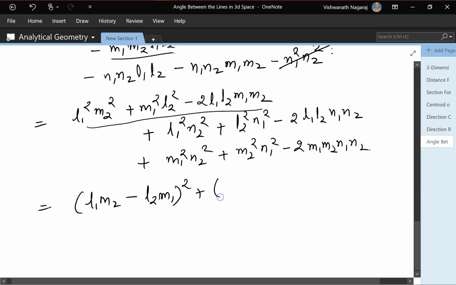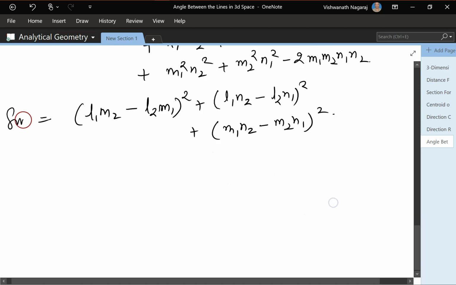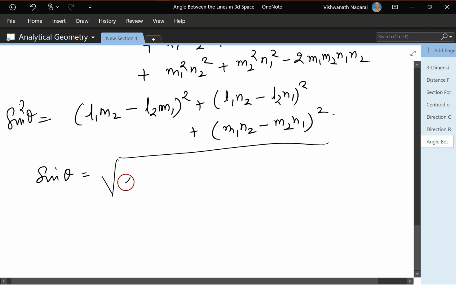Now this is just a repetition of the same pattern: (l1 n2 minus l2 n1) square plus (m1 n2 minus m2 n1) square. This is nothing but sine square theta. So sine theta would be the square root of this entire expression.